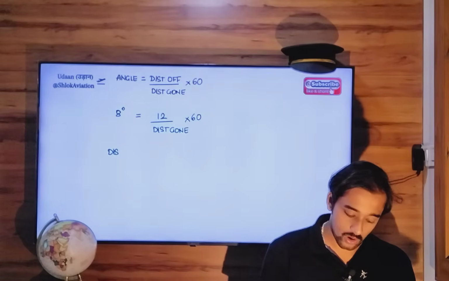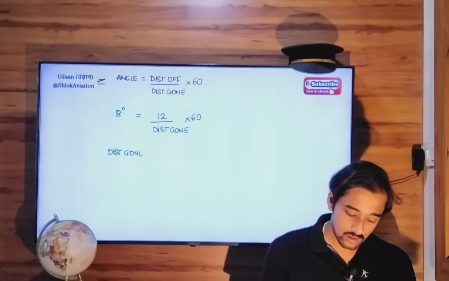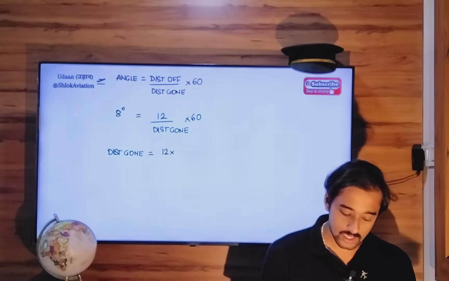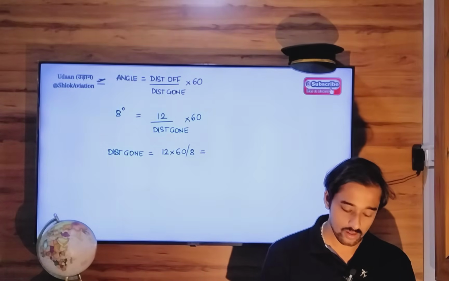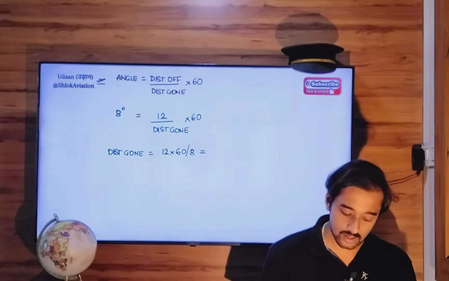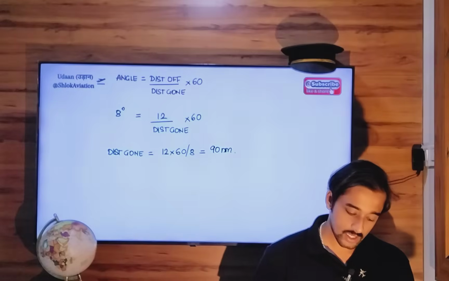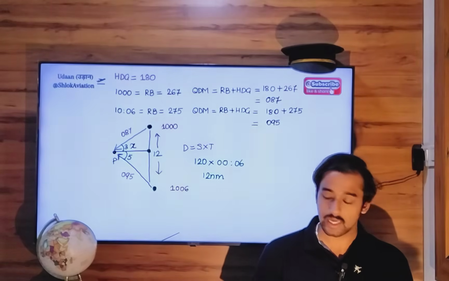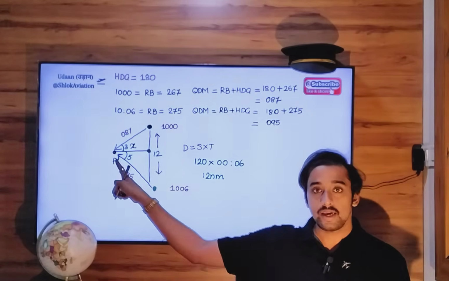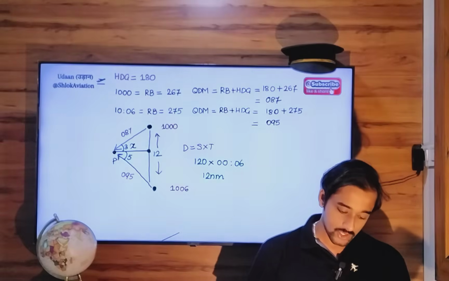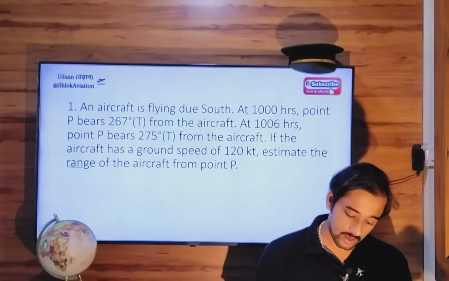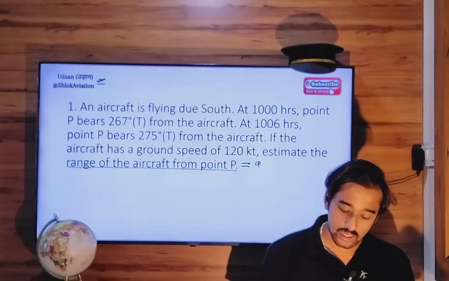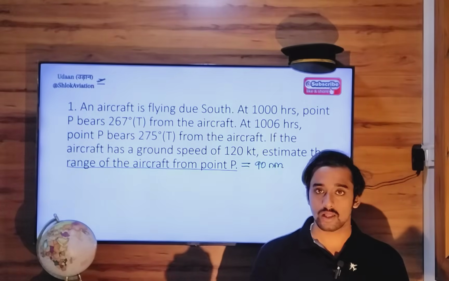So distance gone equals 12 into 60 divided by 8. 12 into 60 divided by 8 is 90. So the answer is 90 nautical miles. X equals 90 miles. Okay, so this is how you do the sum. What is the range of aircraft from point P? It is 90 nautical miles.